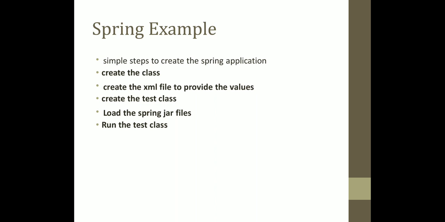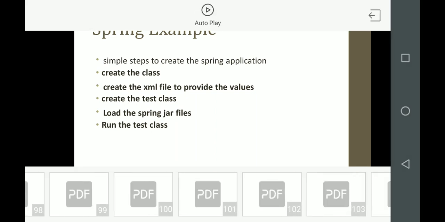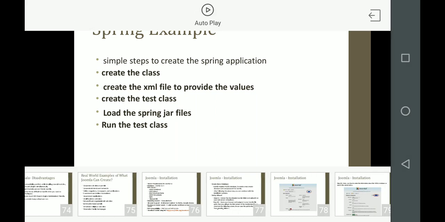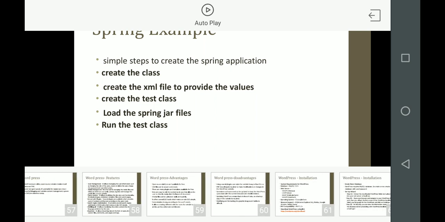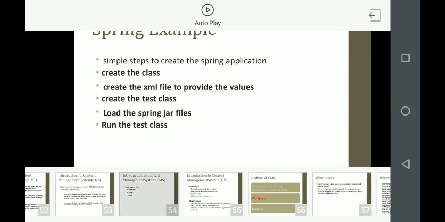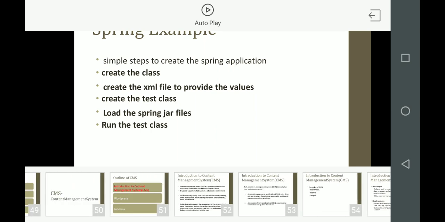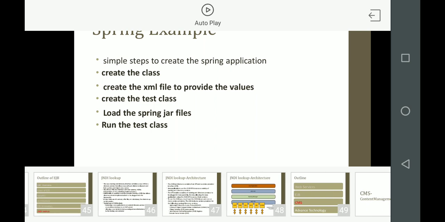Then we started with the technological part. In advanced technology we have seen Bootstrap, JSF, and the Spring framework. Then the main thing about this unit was the content management system.